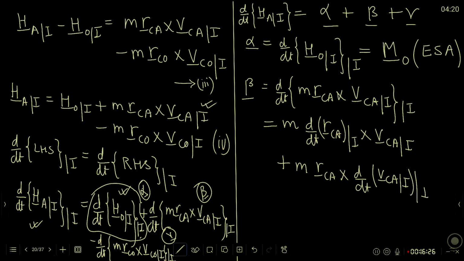Right? Now, time derivative of r^CA with respect to I is nothing but v^CA/I.